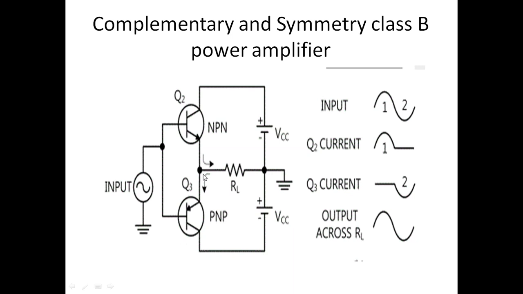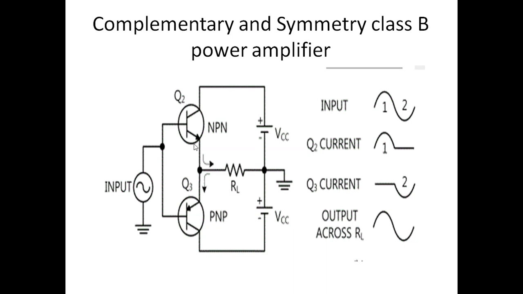In the NPN transistor, the emitter and collector are both made up of N-type material, whereas in the PNP transistor, the emitter and collector are made up of P-type material. Hence, the NPN transistor will be forward biased when this emitter and collector is connected to the negative of the battery.